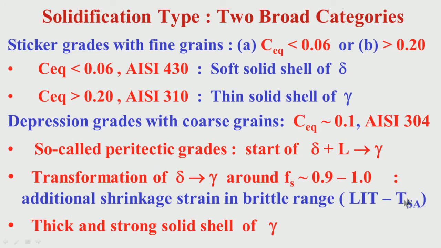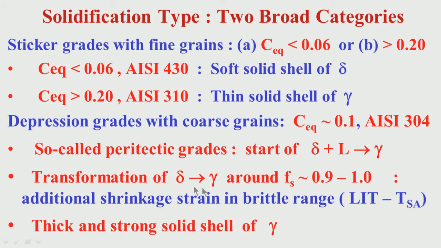So, in this range towards the end of the solidification, this delta to gamma transformation is taking place, it causes additional shrinkage, and because of that there is relatively high amount of strain, because this shrinkage is adding up to the thermal shrinkage. So, total shrinkage is more for this type of chemistries, where delta to gamma transformation is taking place around the end of solidification.